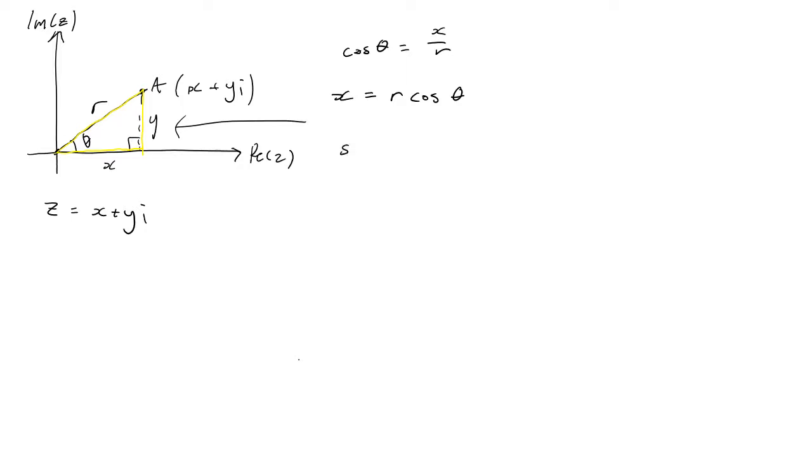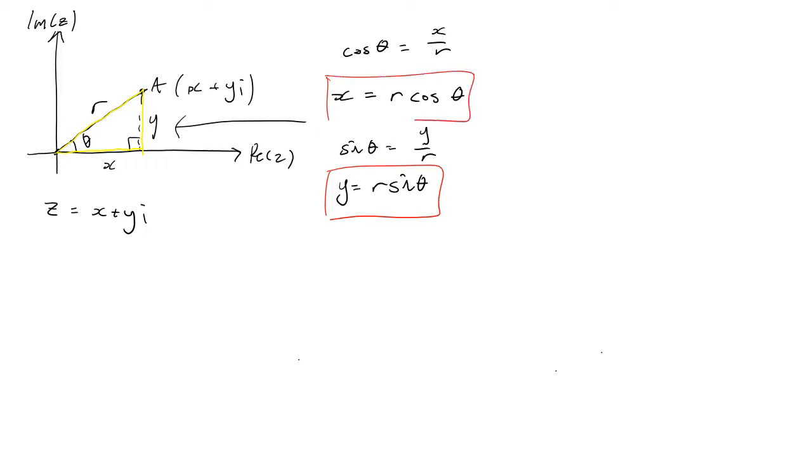Now, what about sine theta? Sine theta is equal to y over r, which means that y is equal to r sine theta. Now we can replace x with r cos theta and y with r sine theta. So the complex number z equals r cos theta plus r sine theta i.